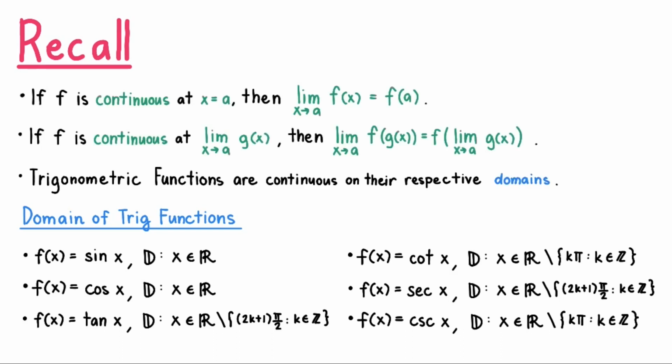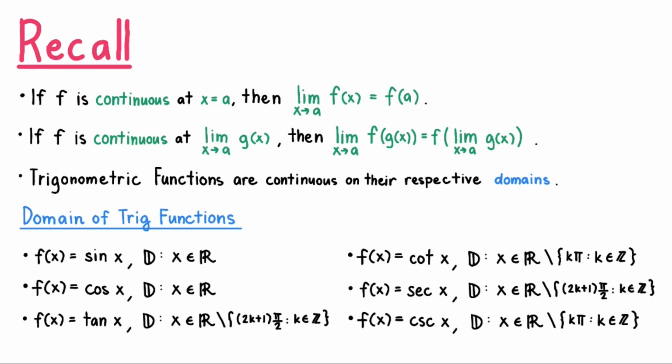These are the things we need to take note of and recall in order to obtain the limits of trigonometric functions in general. Basically, we'll be using the concept of continuity in obtaining these limits.